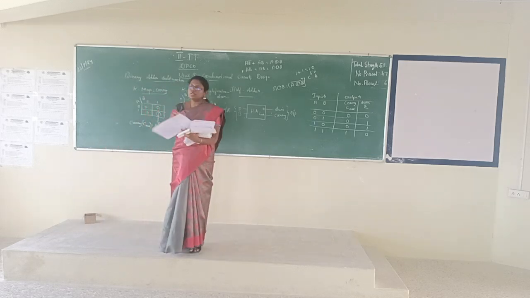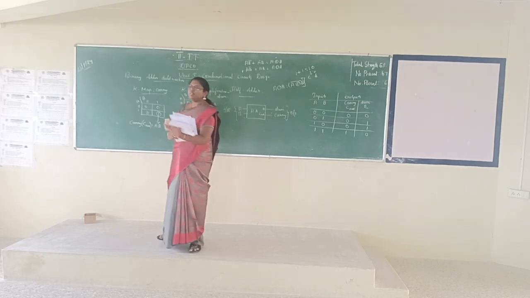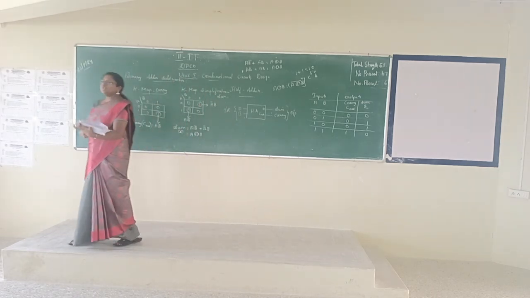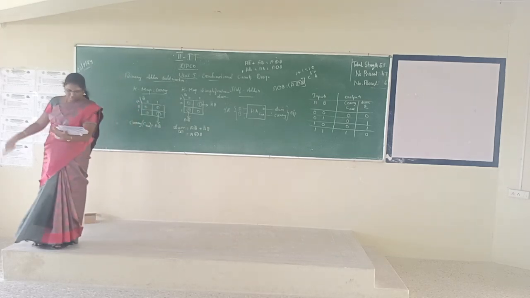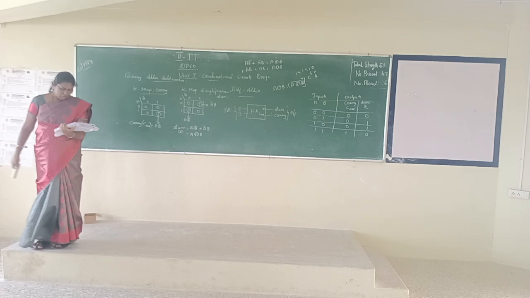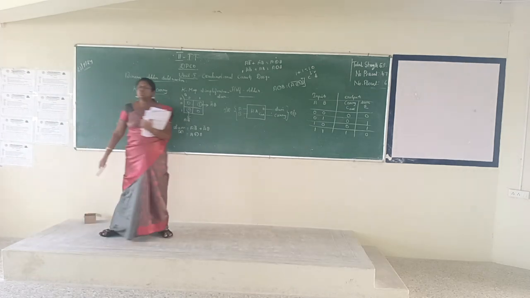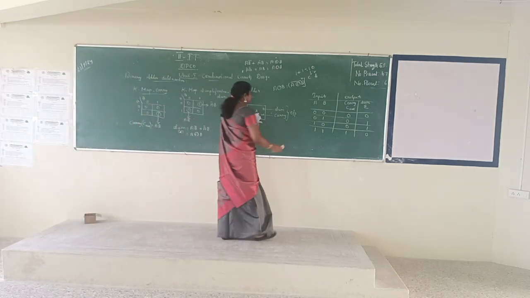After that, what's the next step? We are going to define the half adder. Write it down: logic diagram of half adder.